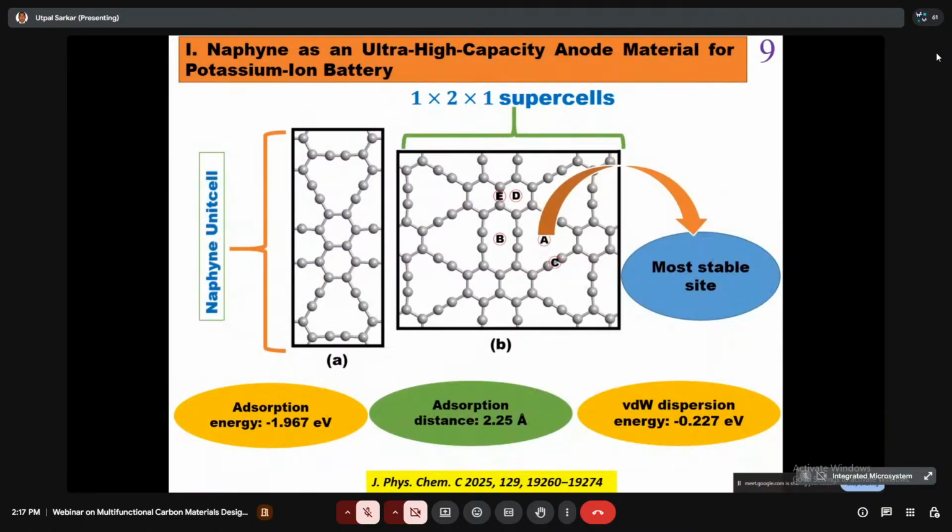And due to the varying porosity, it is helpful for sodium, so that after absorption of sodium, its distortion is less. And due to the presence of the acetylene linkage here, this structure shows some peculiar characteristics for ion diffusion.